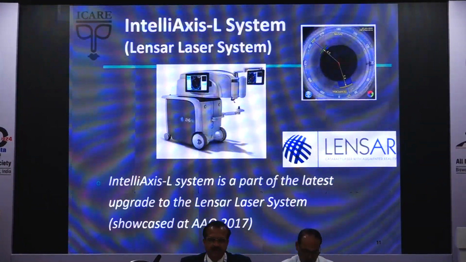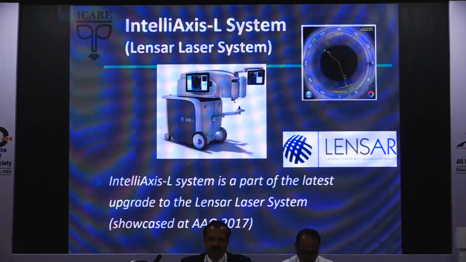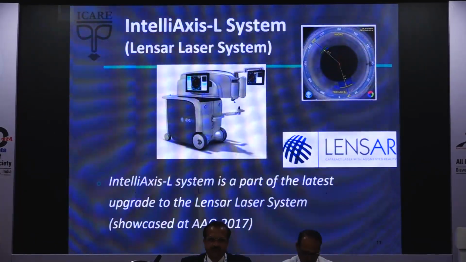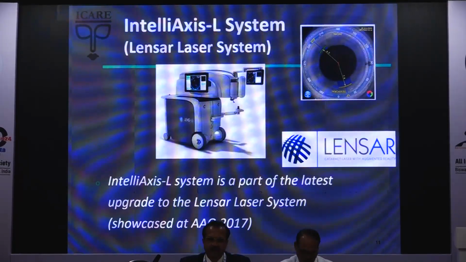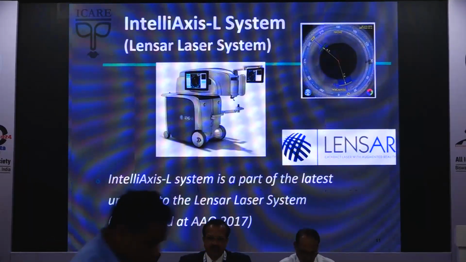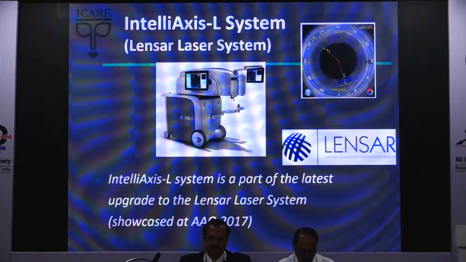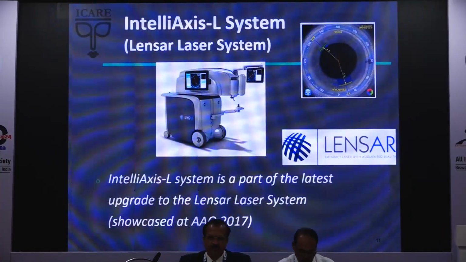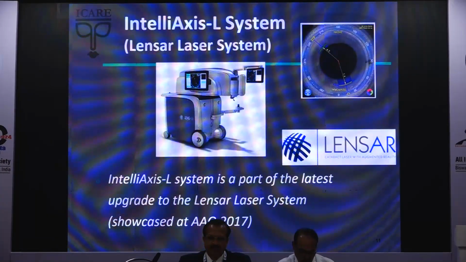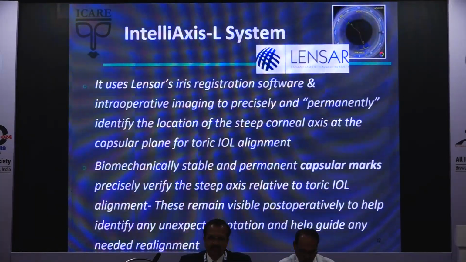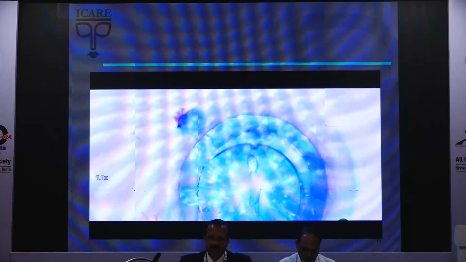So this is with the LENSAR femtosecond laser system. This marks the axis at which the lens has to be implanted during the surgery, beforehand, before we do the capsular access and the femtosecond laser surgery. It marks on the anterior capsule in the periphery, and that mark remains, and we can check the alignment even in the post-operative period, because this mark is permanently there on the anterior capsule, which you can see here.